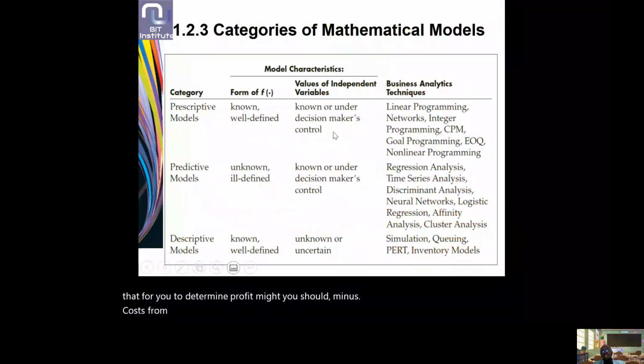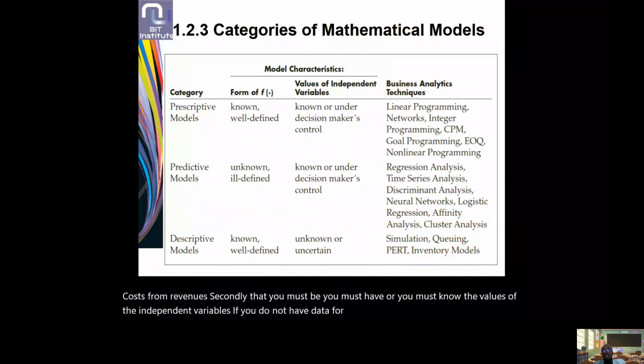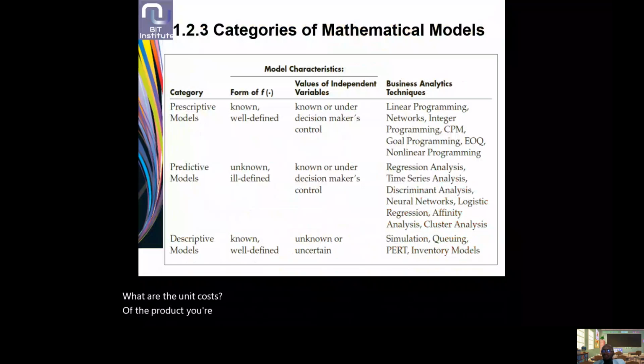Secondly, you must know the values of the independent variables. If you do not have data, for instance, on the unit costs of the products you're making and the selling price or revenue for each product, then you cannot undertake prescriptive models.